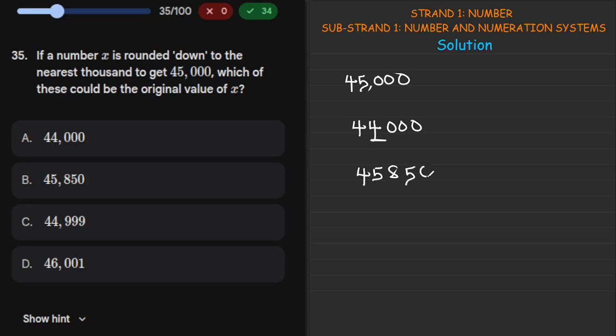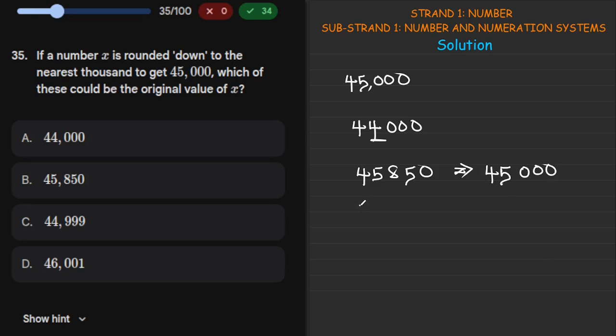But if we consider 45,850, if you have to round this down, this is our decider. For rounding down, irrespective of the decider, we always change the remaining digits to 0. You see, so that is for rounding down. Hence, we have 4, 5, maintain the place value we are talking about, and then change all to 0.